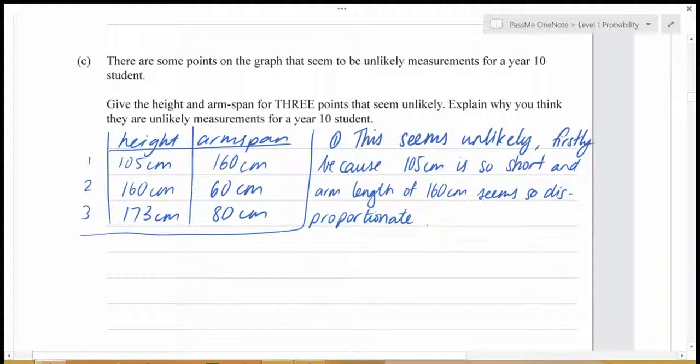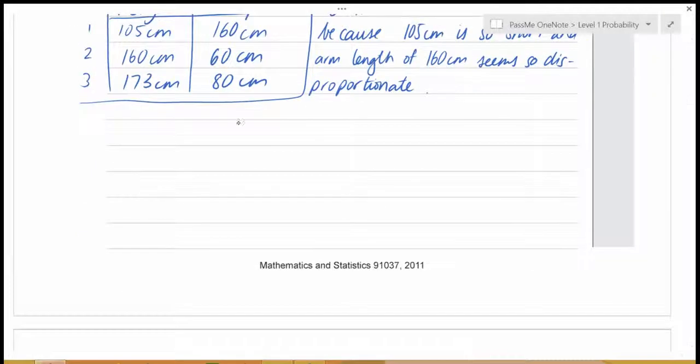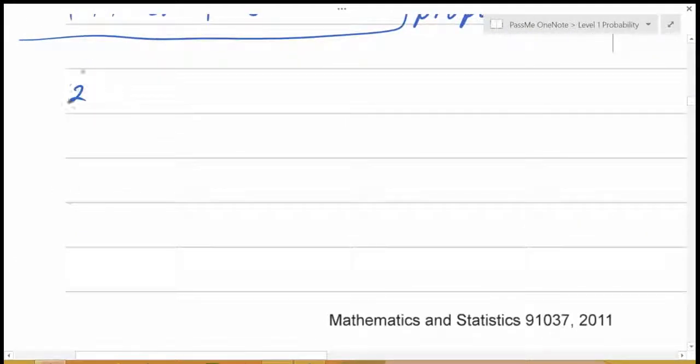The other two have similar explanations because the heights are tall and the arm spans are short, so I'll wrap them up in one sentence. So I'll say 2 and 3.